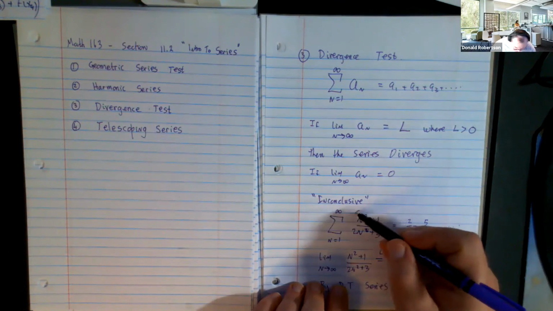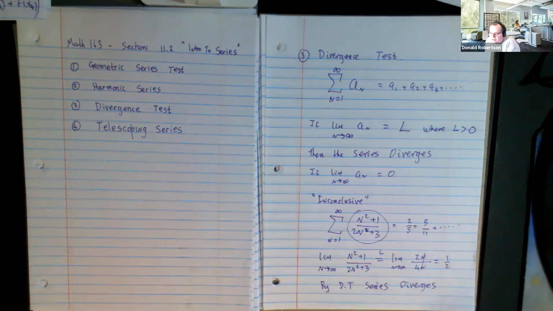So if the individual pieces have a limit that's bigger than 0, if it's a number like a half, anything that's bigger than 0, it diverges. Okay, that's called the divergence test.